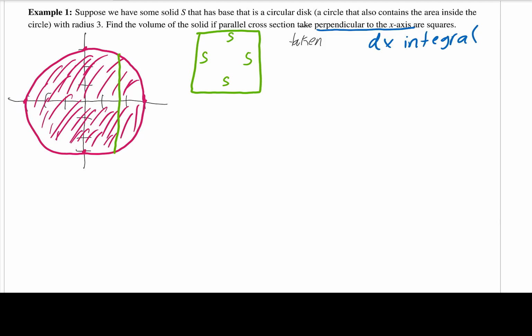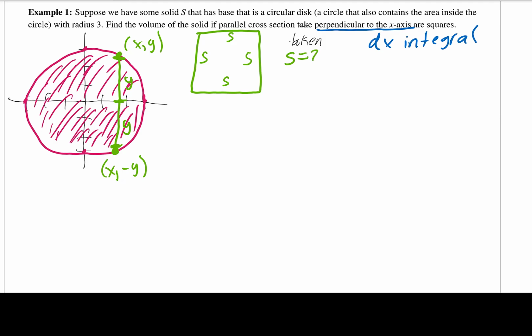Okay, and now we wonder, well, what is the length of this green line that I've drawn right here? Well, if this is some point x comma y, then this is going to be x comma negative y, right? Because our circle should be symmetric about the x-axis, which means that each of these two little segments are going to have length y, which means that the entire thing is length 2y.